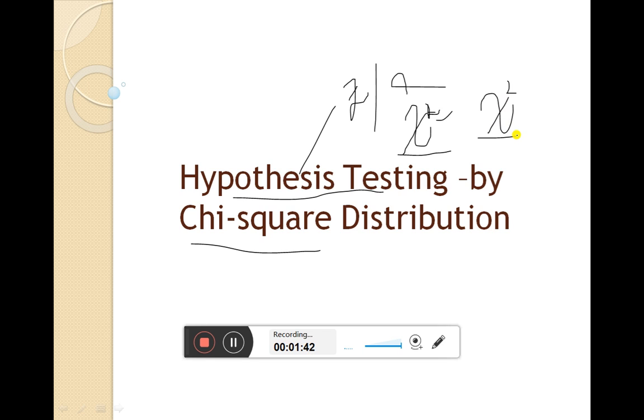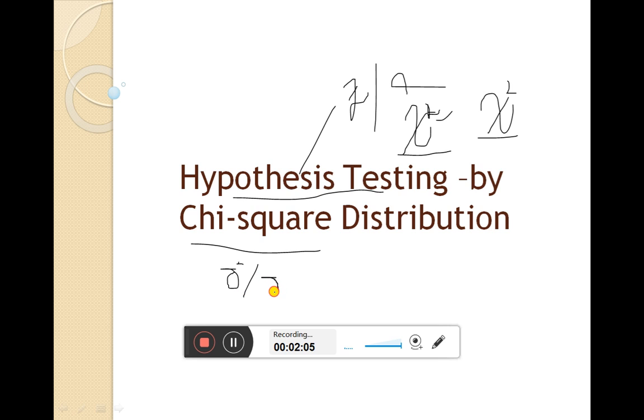With Z we have discussed different parameters like mu1 minus mu2, p, proportion, and difference between proportions. Now here in chi-square distribution we will discuss hypothesis testification about the population variance or population standard deviation.